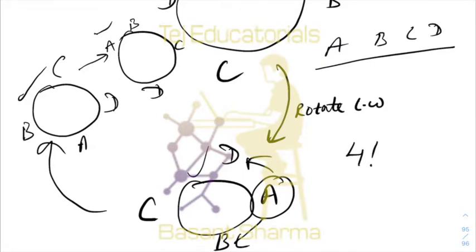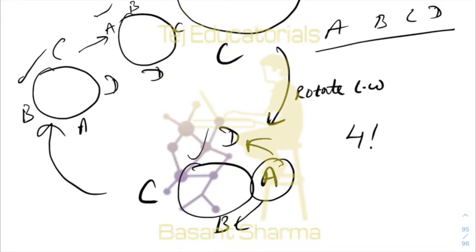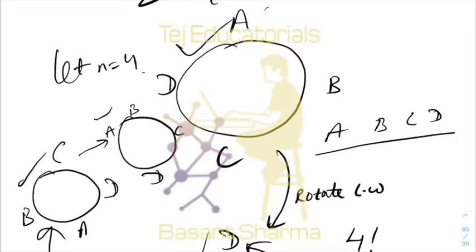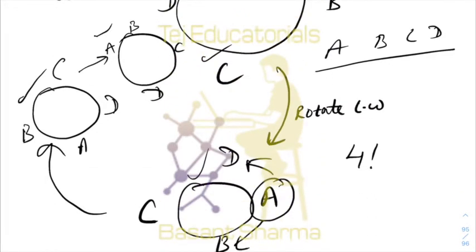But for every possible arrangement, there are 4 cases which are essentially the same. So every arrangement is being repeated 4 times in case of circular permutation, because in all those 4 arrangements around a table, the relative positions are fixed. So we just divide by 4, which will give you 3 factorial.